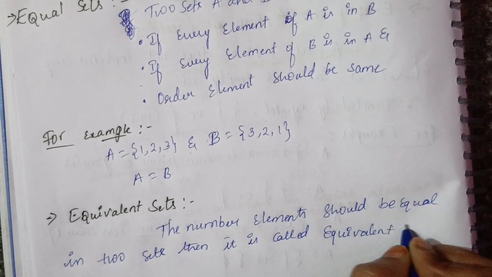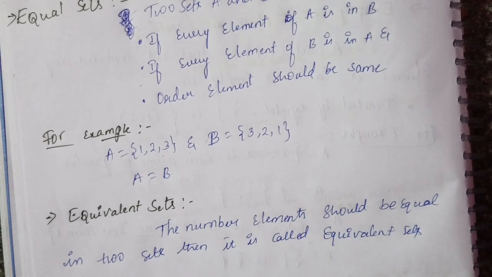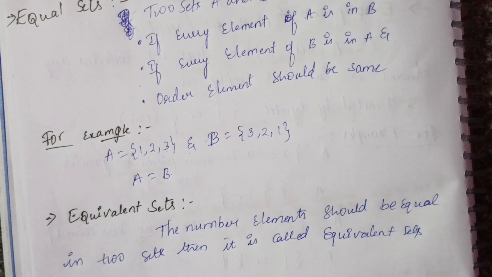See, the number of elements should be equal in two sets, then it is called an equivalent set.